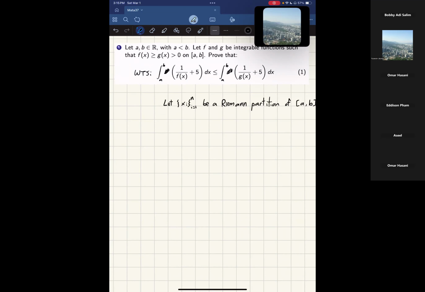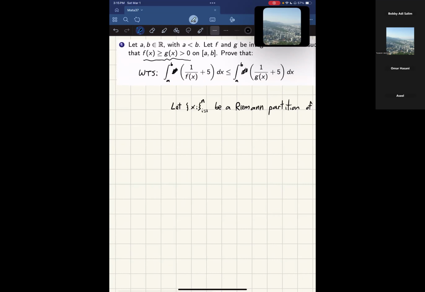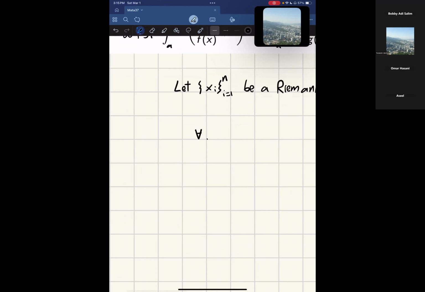Okay, so we're going to leverage the fact that we have our supposition here, which is this inequality right there. Whenever you do these Riemann questions, you need to make statements about all i's, from i equals 1 all the way through n, and then afterwards we'll link them together to form a sum. So we're going to start with: for all i equals 1, 2, all the way to n.